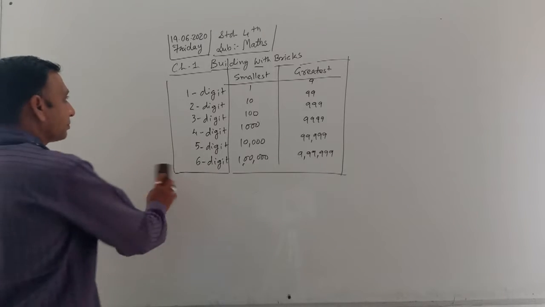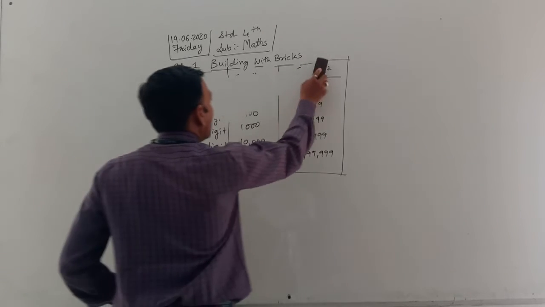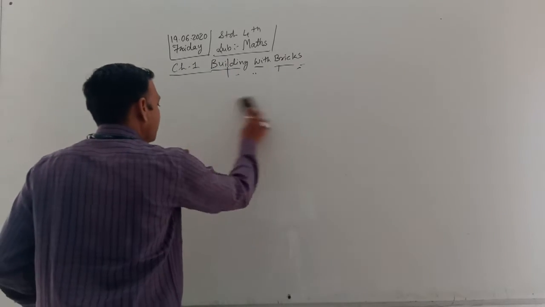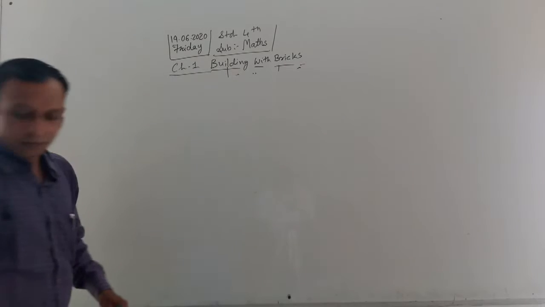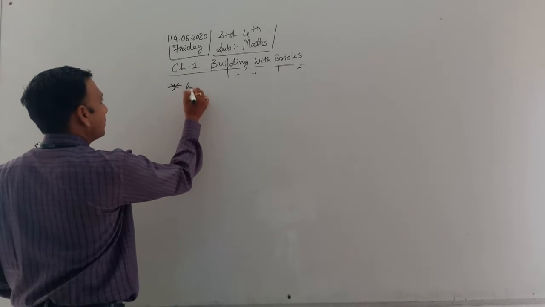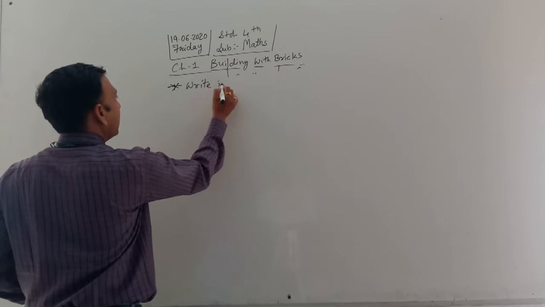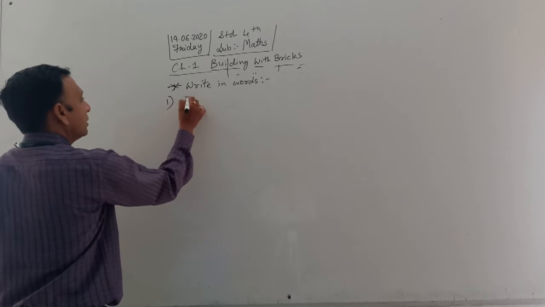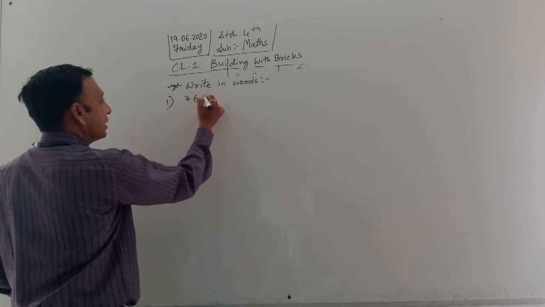Now, after that I have explained how to write a number in figures and words. Write in words: 7,640.